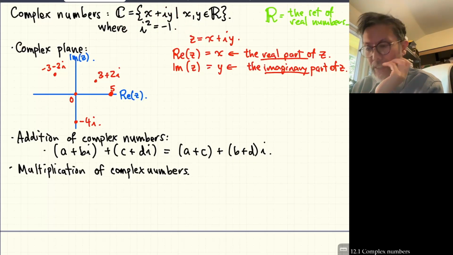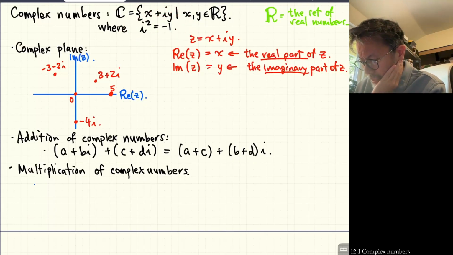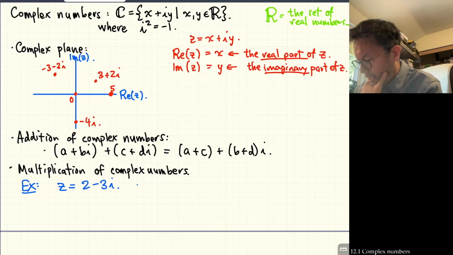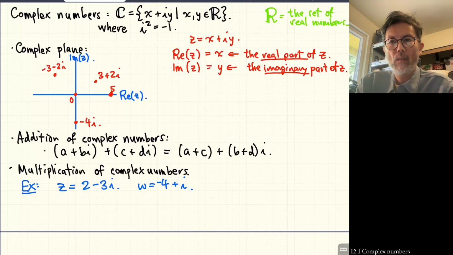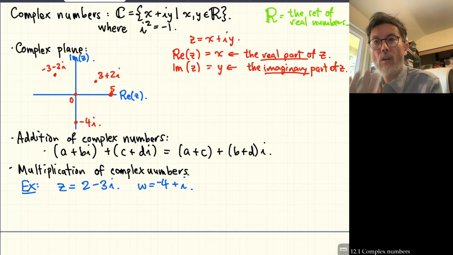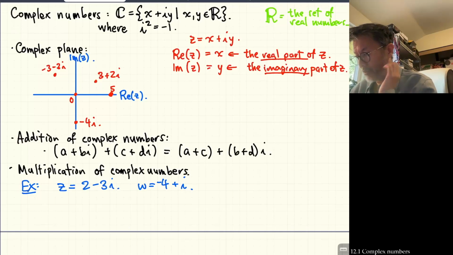Let's just do this via example, shall we? So let's say that we have, I don't know, let's call the complex number z, 2 minus 3i, okay? And let's say the complex number w is negative 4 plus i. How about that? Okay. Then let's do z times w.